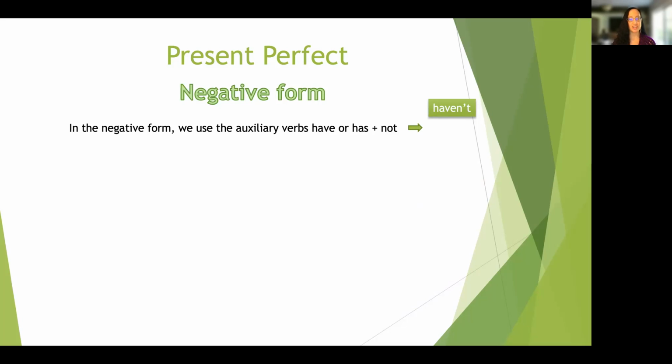Remember, it's a contraction. Hasn't. We have I, you, we, they. Now, would we use haven't or hasn't in this one? I haven't or I hasn't?